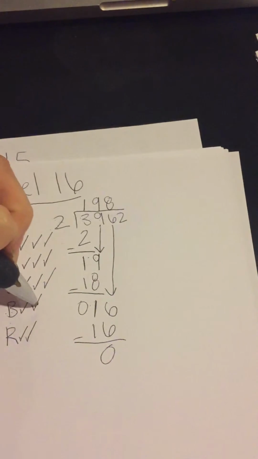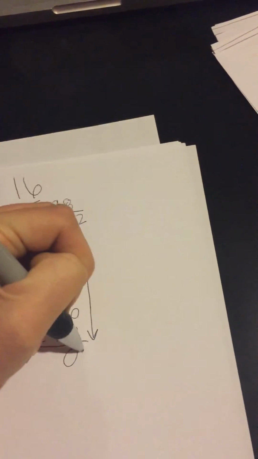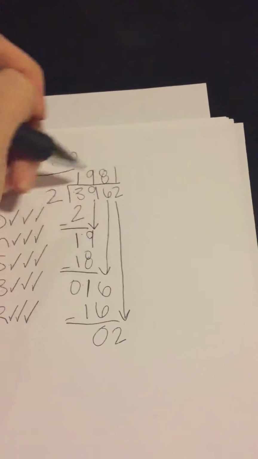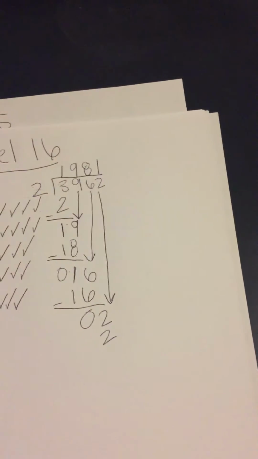And almost our last step is to bring that 2 all the way down. He has to travel a long way, doesn't he? And now we just have to repeat. All right, how many times does 2 go into 2? We know that one, that's 1. 1 times 2 is 2, so we did our multiplication step.